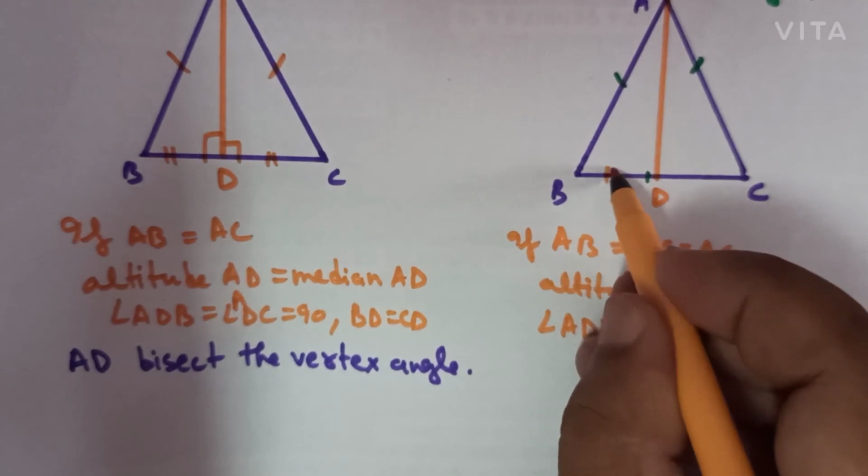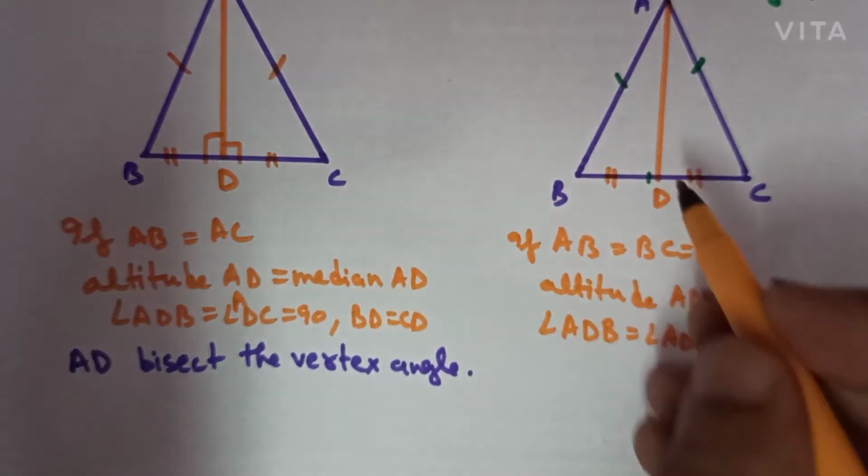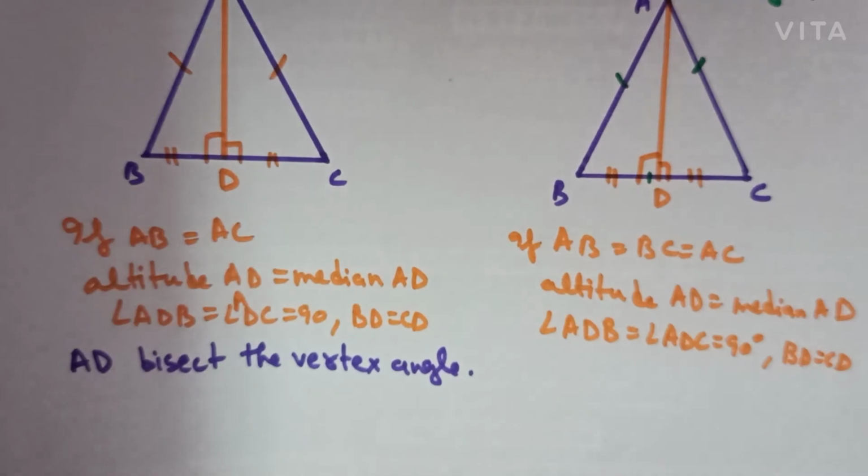This is equal to this, and these two angles are equal to 90 degrees each.